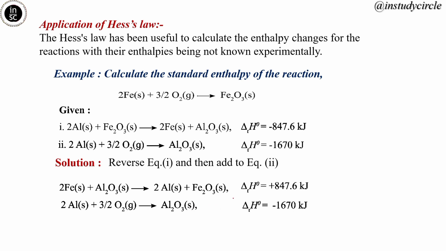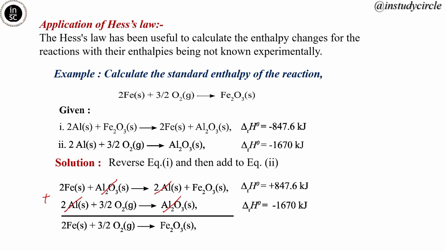So we get the overall reaction. To obtain the overall reaction, the similar substances from both equations must be cancelled together. Here Al2O3 is cancelled, and also 2 Al is cancelled, and the resulting overall equation is 2 Fe solid plus 3/2 O2, which gives Fe2O3.